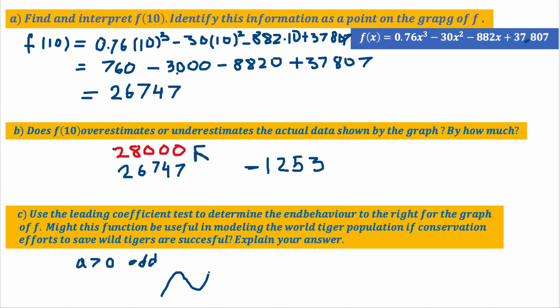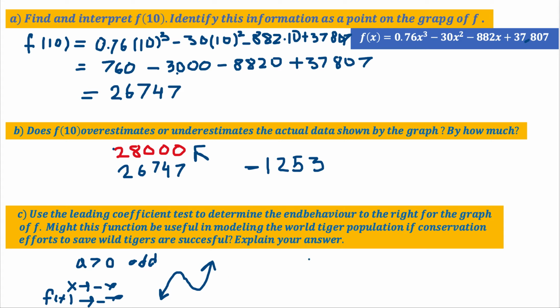This is how the graph can look approximately or usually. The behavior of the function as x goes to negative infinity: f of x goes to negative infinity.